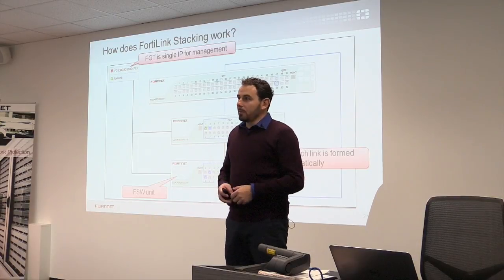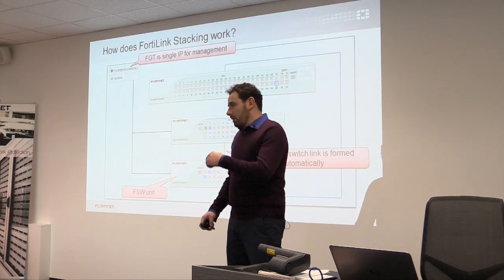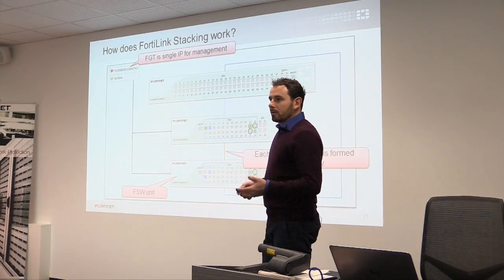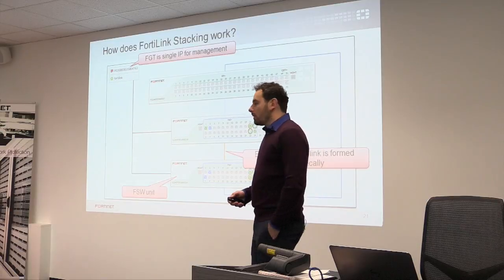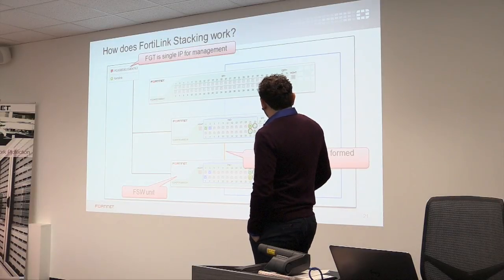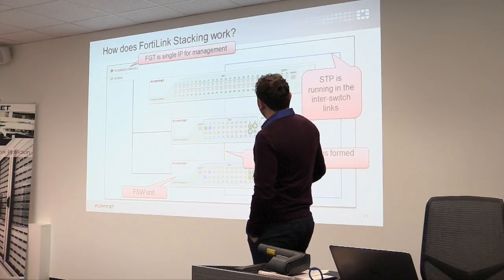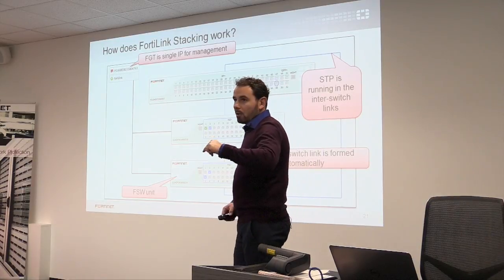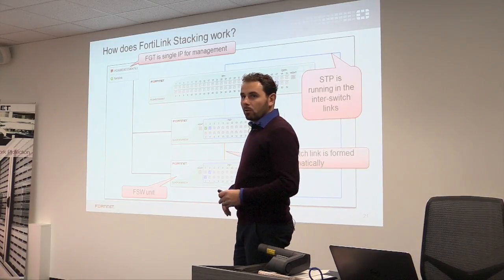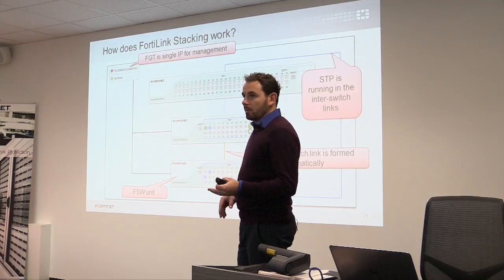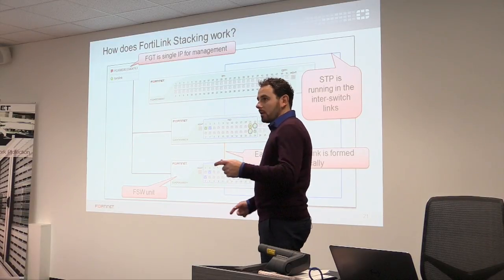You just plug the cable, they will discover themselves with LLDP. I'll show you that. And then they can start running the control sessions. Within the topology, we have the MSTP protocol to guarantee that there is no loop, and to guarantee that the connections are stable.